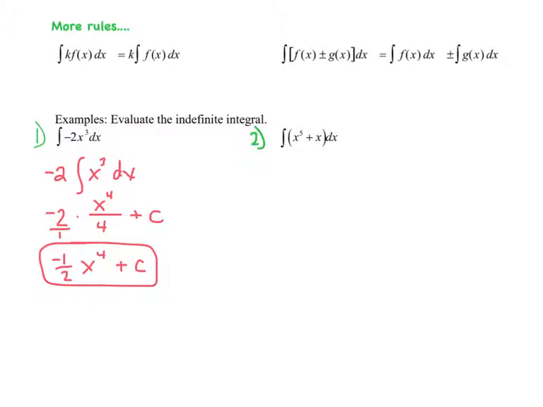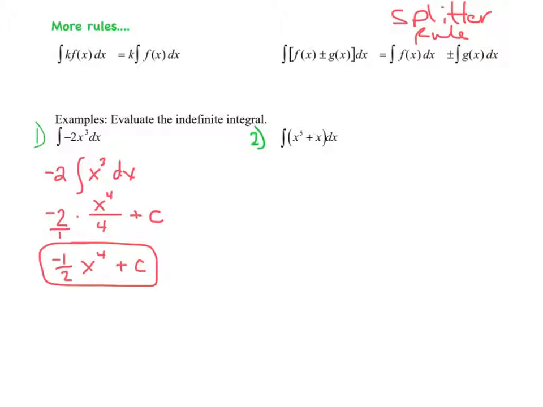Okay, the next rule is an addition or subtraction rule for integration. And basically it's saying if you're taking the integral of the sum or the difference of two functions in terms of x, it's just simply that we're allowed to split them. So you kind of call this the splitter rule. Okay, you are allowed to split them up and take the integral of each one independently, and it just becomes the sum of all of them.